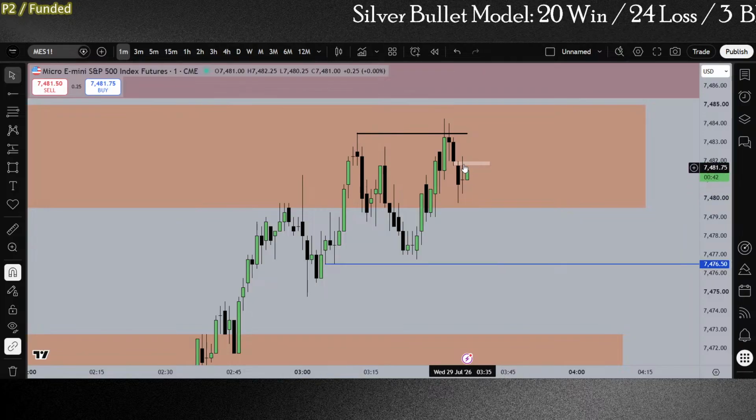All right, so far we take it up into this volume imbalance and close lower.